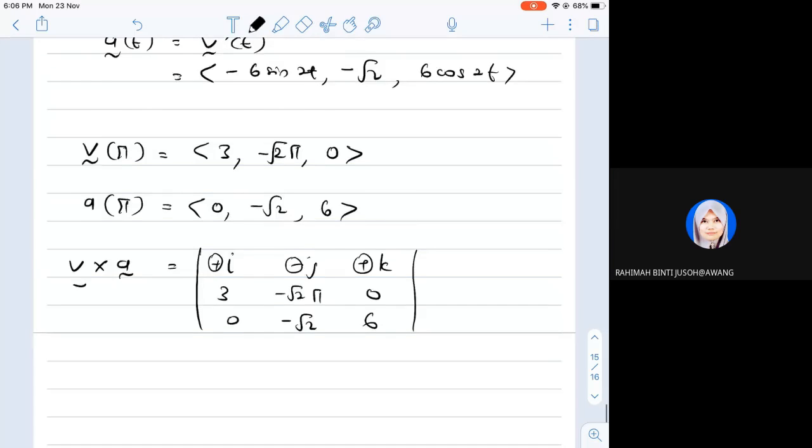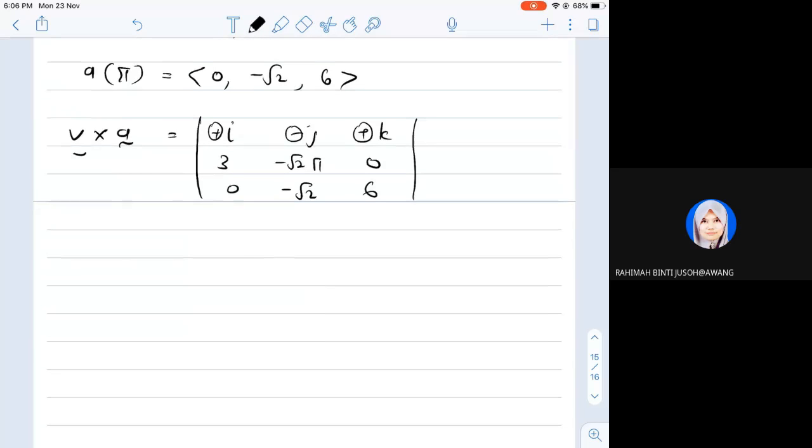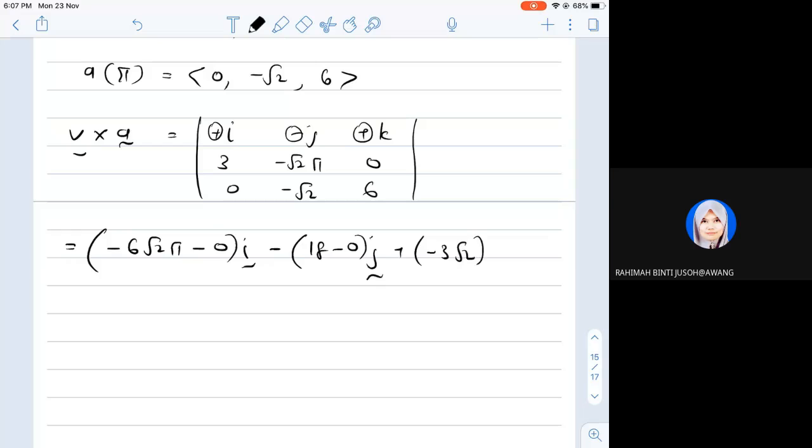So we get negative 6 square root 2 pi i, minus 3 times 6 which is 18, minus 0 j, plus for the third column, negative 3 square root 2 minus 0, so negative 3 square root 2 k.